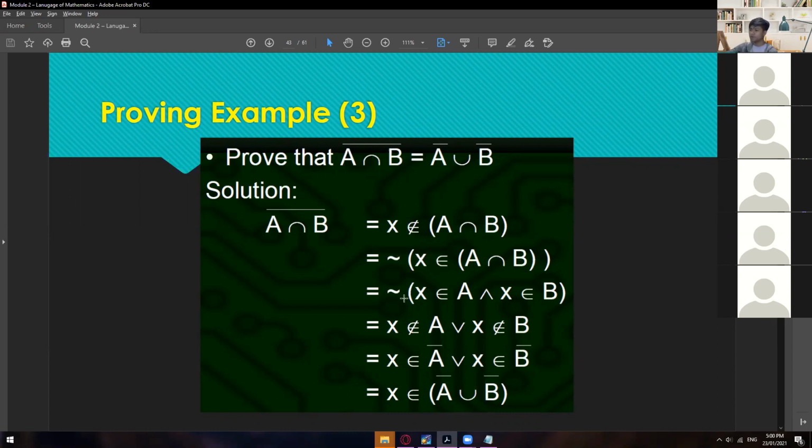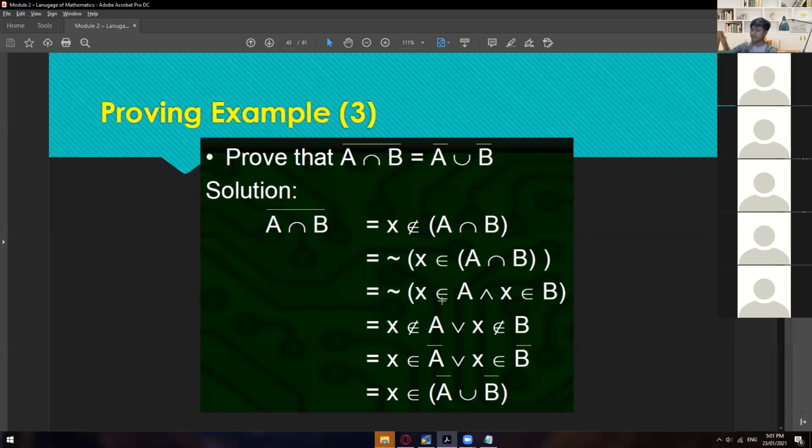And then from there, we have transformed this intersection into AND. Okay, and then it's like distributing this x element into this expression or closing up in parentheses. So x is an element of A and x is an element of B. And then from there, we have distributed this negated symbol.